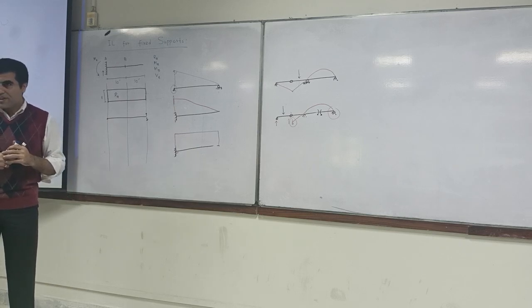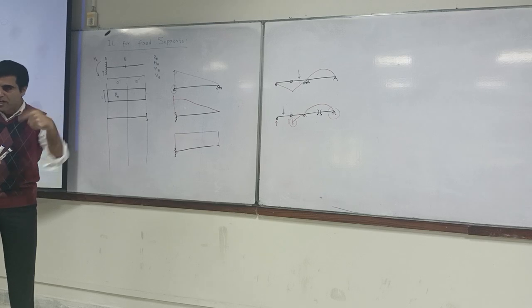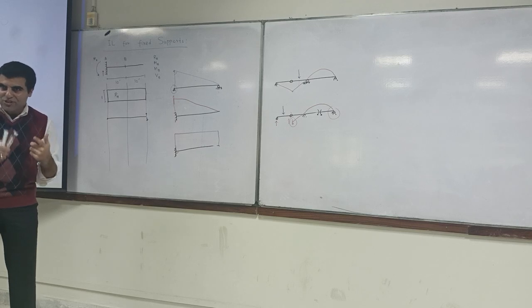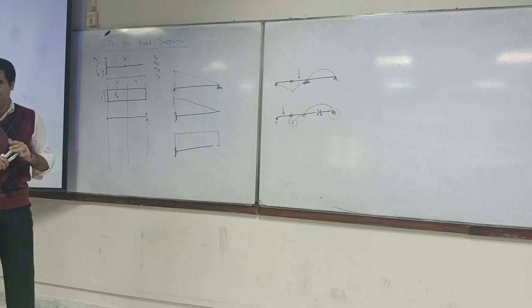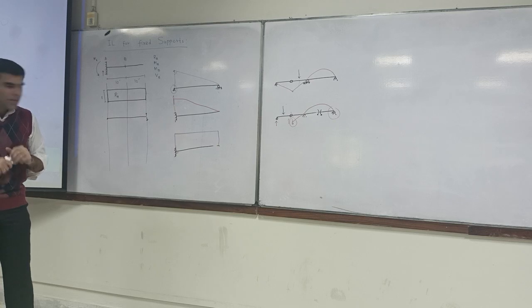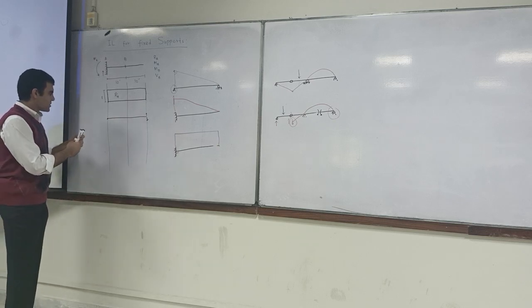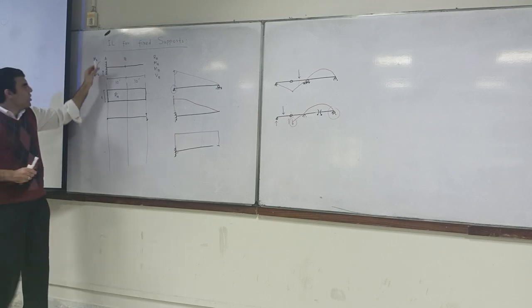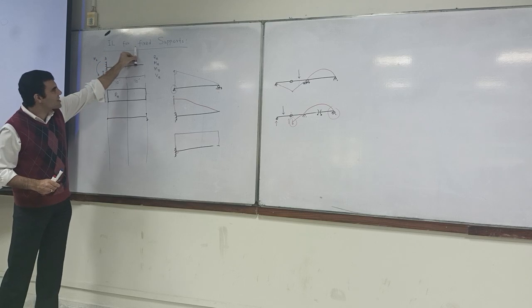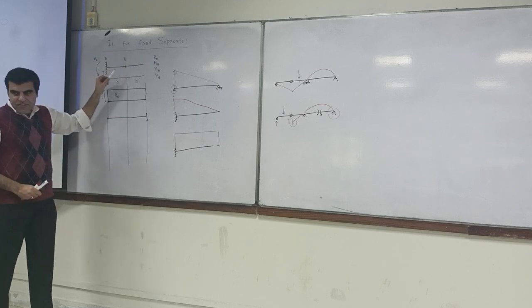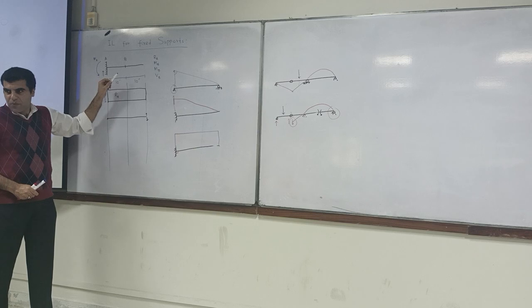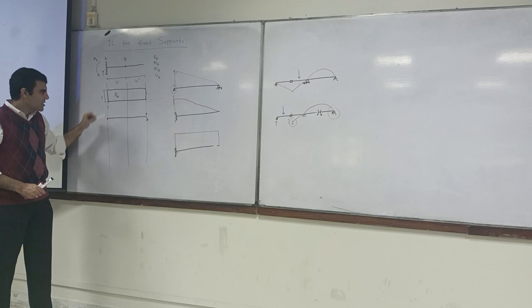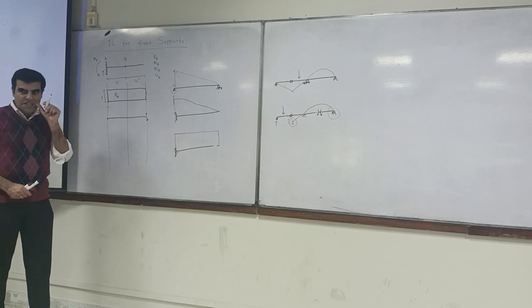So that rotation is going to be 1. It's not the theta 1 plus theta 2 business. It's only theta 1 equal to 1. You agree? Now which direction should I move? If my load is moving in this direction, where is the tension? Tension is at the upper side, so I should draw my moment at the upper side.